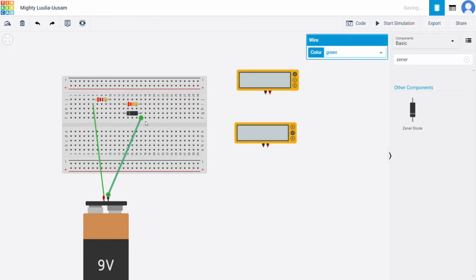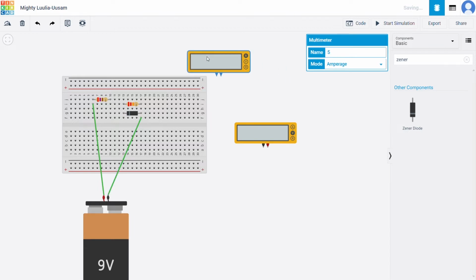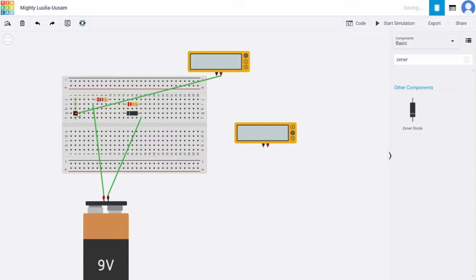Okay, just like before, I'm going to measure the current that goes through this circuit, and this one I'm going to measure the voltage across the 22 kilo ohm resistor.